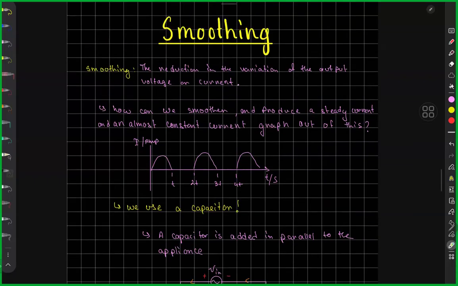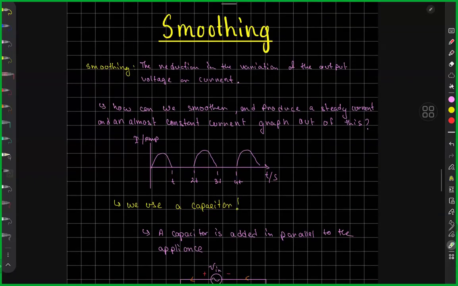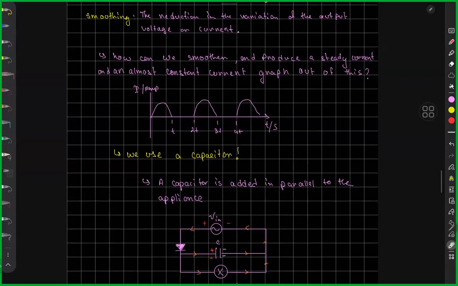So now, if I have to give you a proper definition, what would it be? It is simply the reduction in variation of the output of voltage or current. Good way of putting it. Now, let's say you have this half wave rectification at your hand. How do you work with this? What I want at the end of the day is I don't want this current to go up and down and zero, up and down and zero. What do I want?